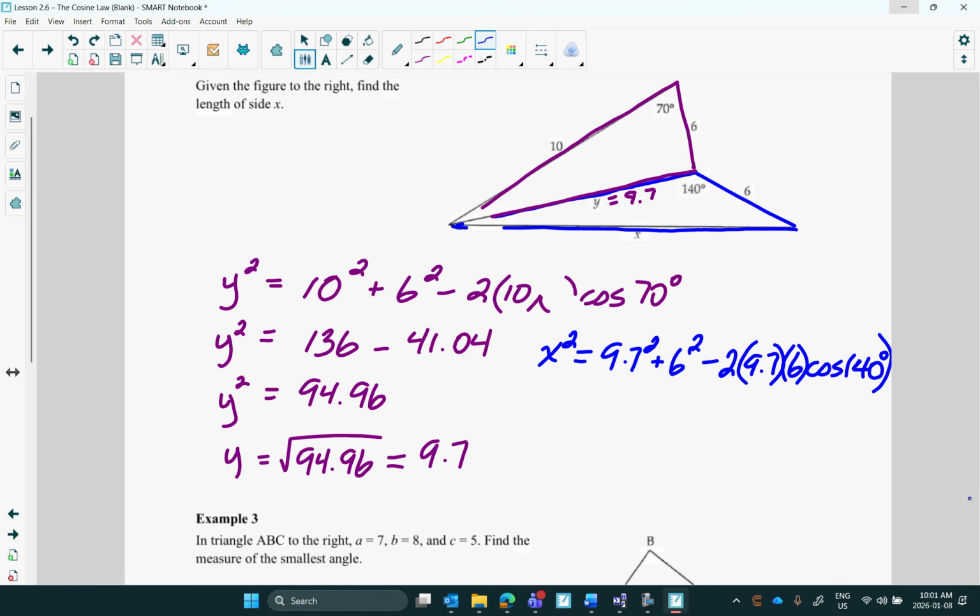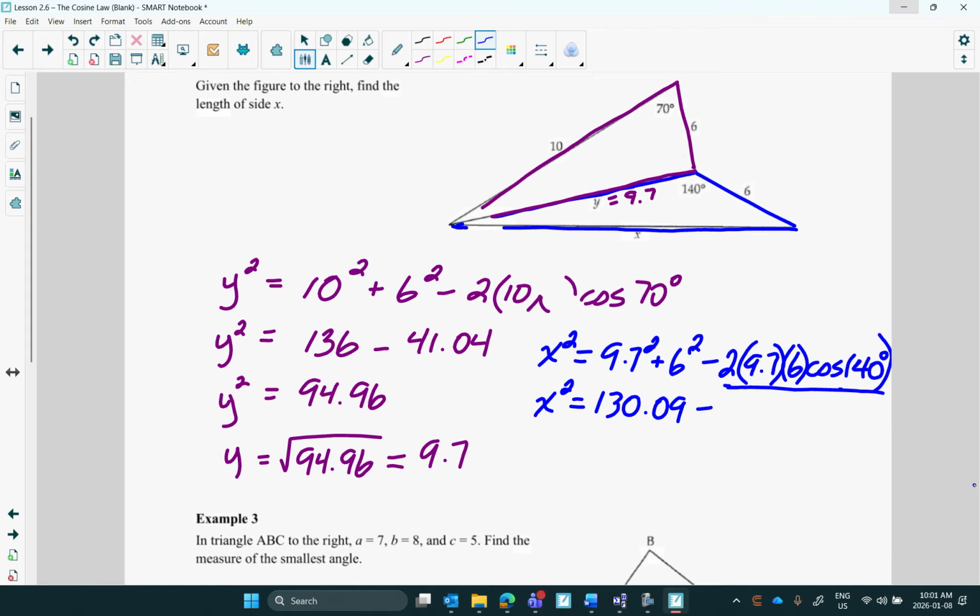Squared plus 130.09 minus. Now, when you do this one, you're actually going to get a negative answer.